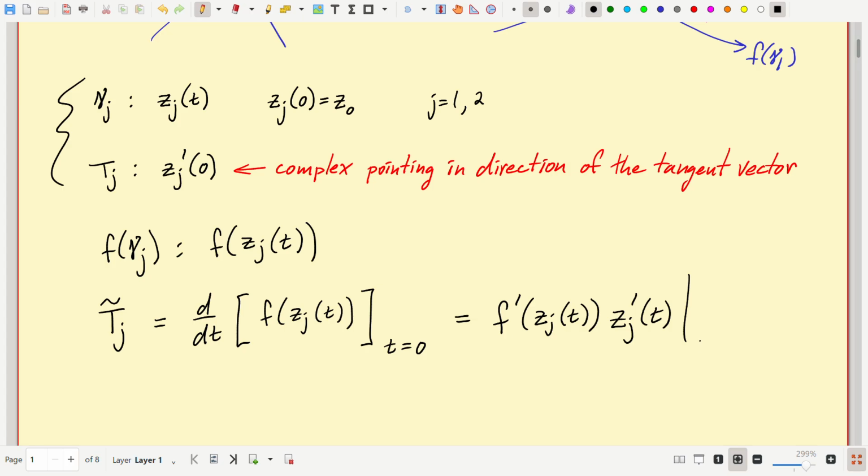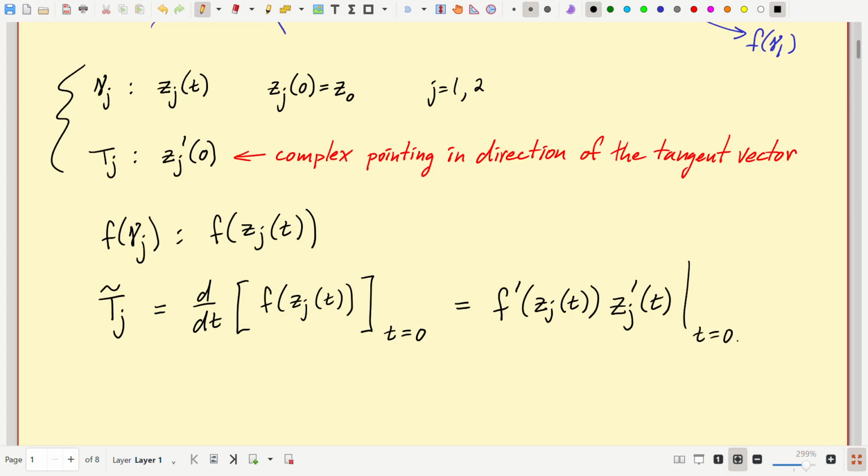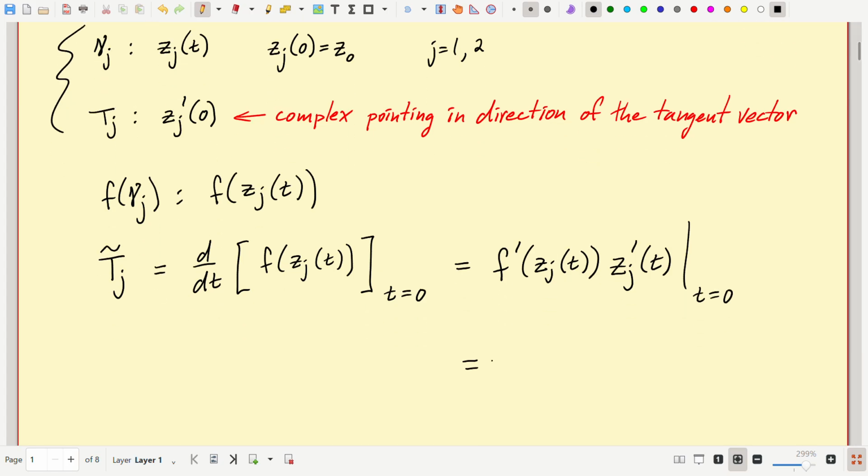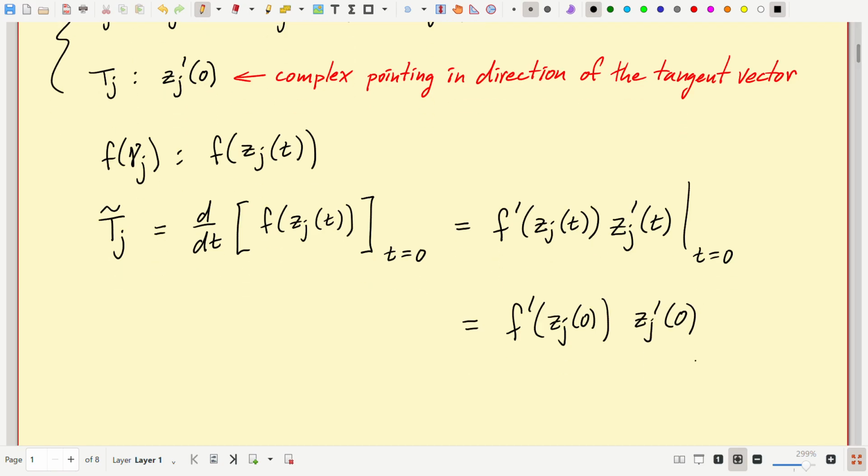And of course, I've got to stick in t equals 0. And so that's f prime of zj at 0 times zj prime at 0. And zj at 0 is my z naught. And zj prime at 0 is my tj.